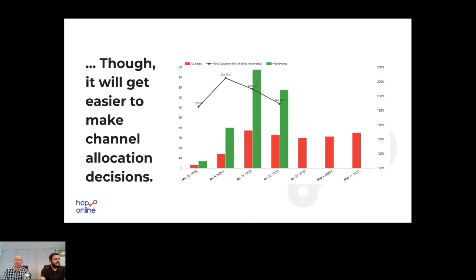So you might decide to shift a certain percentage of budget from Google to Facebook or from Facebook to Google, and very quickly you will be able to see the overall impact on the return on ad spend from that decision. So this will help you make better decisions for channel allocation. You won't have a full solution for attribution, but you will be able to make better decisions about how to allocate your budget.